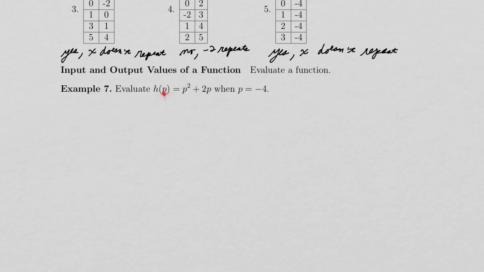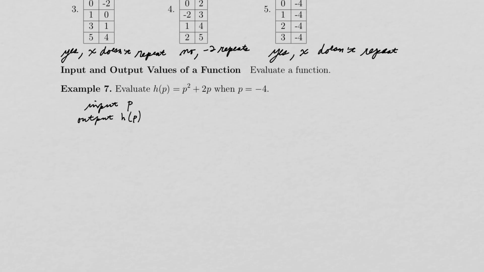My input value is the p, and the output value is h of p. So in this case, the input is p, and the output is the function h of p, which sometimes we give another name. You could call it y or something. You could call h of p y. But in this case, we're just leaving it as h of p.